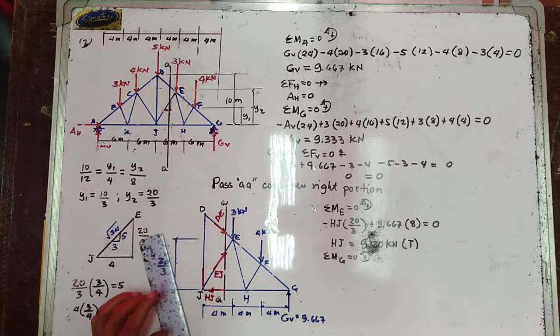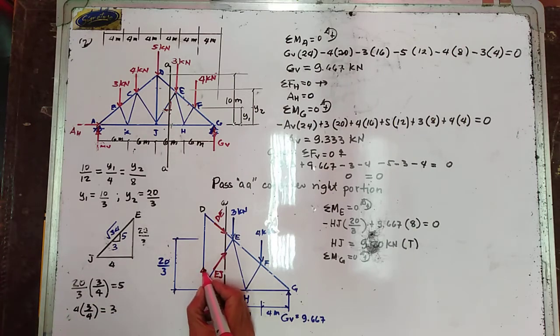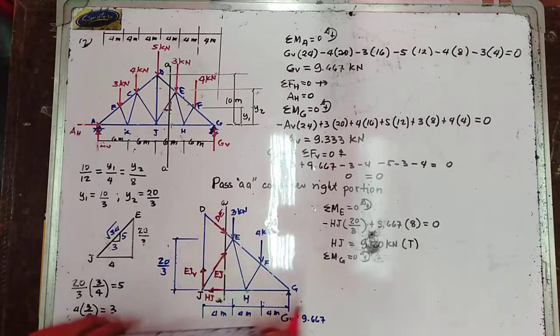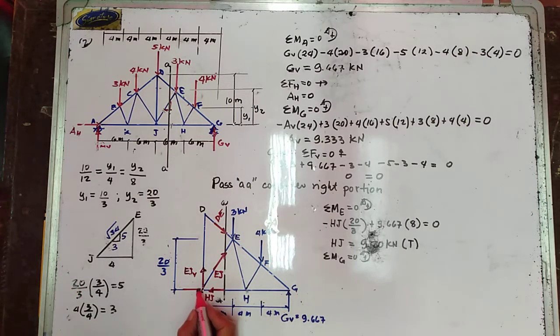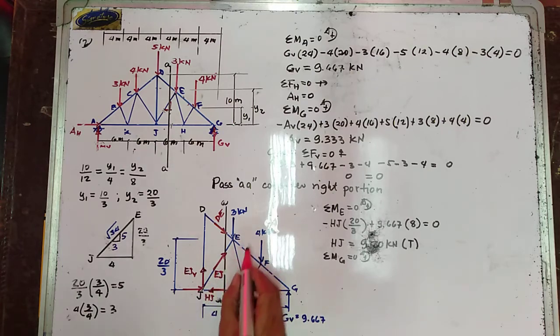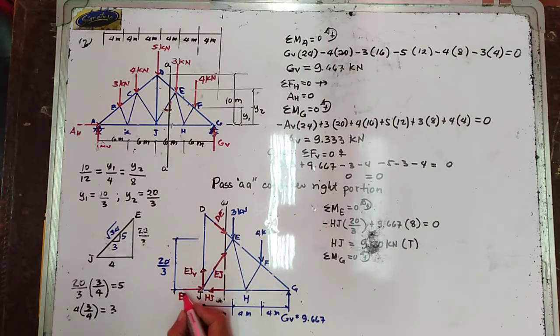This is your EJ vertical. And we have your EJ horizontal. This is up to the right. So that is EJ horizontal.